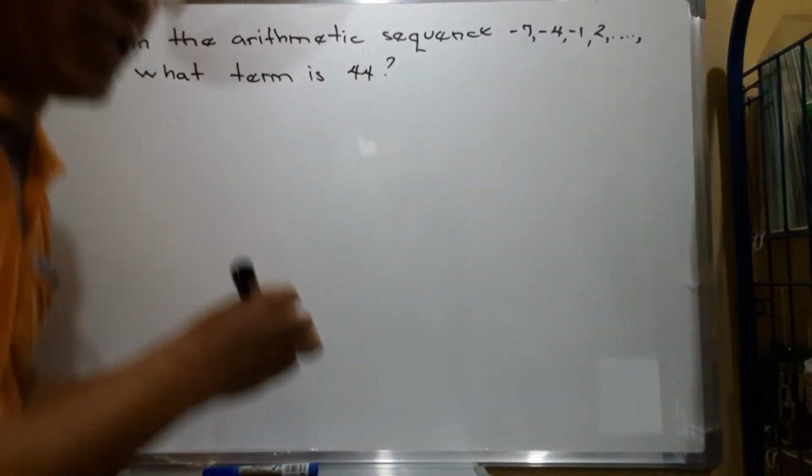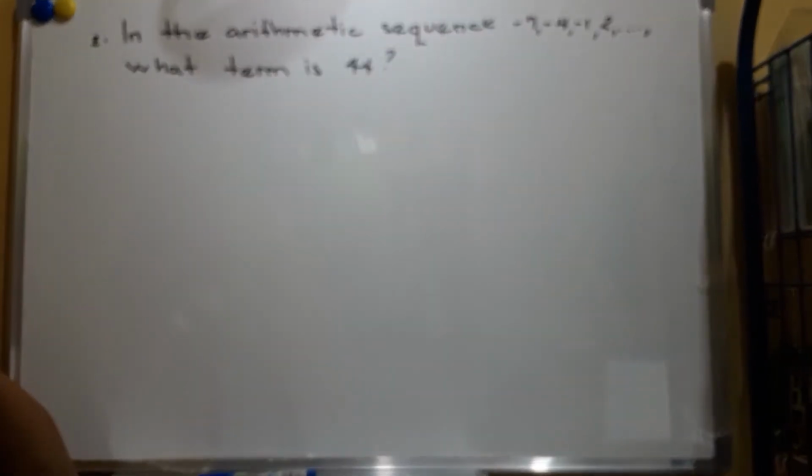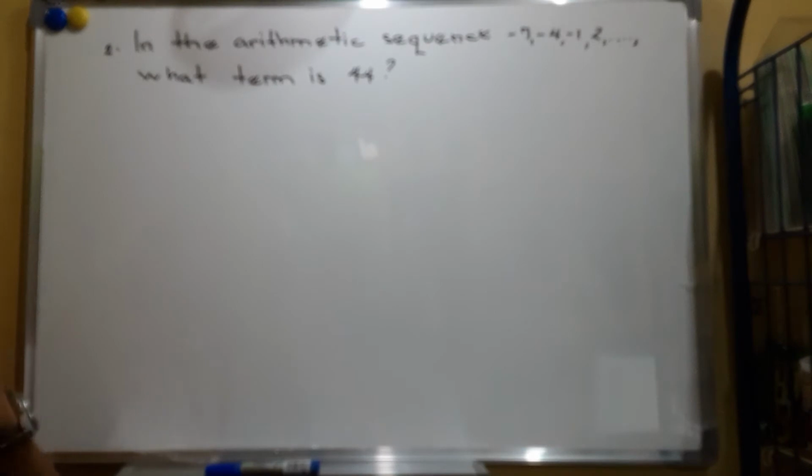So, in the arithmetic sequence negative 7, negative 4, negative 1, 2, what term is 44?